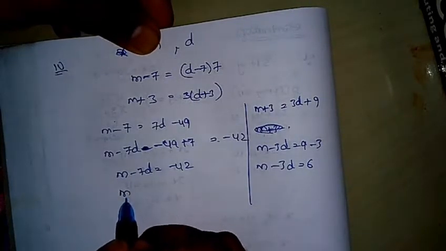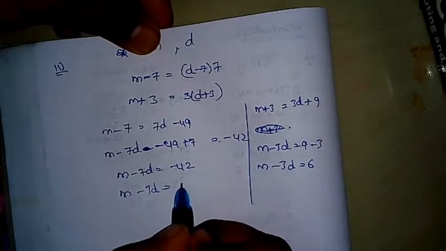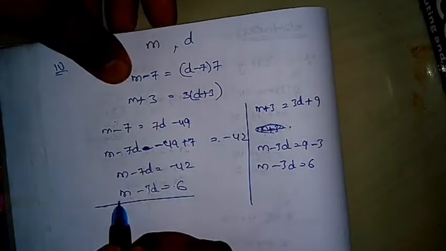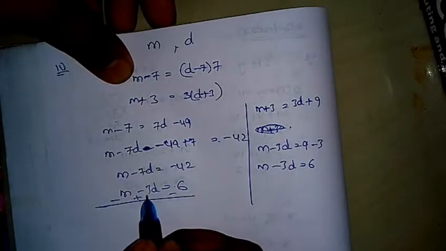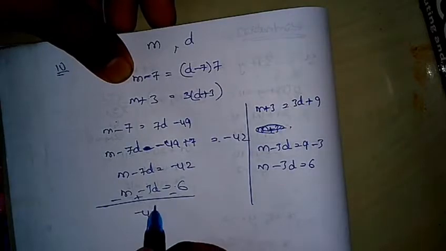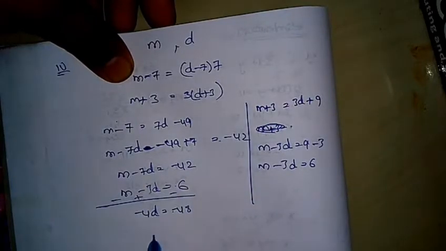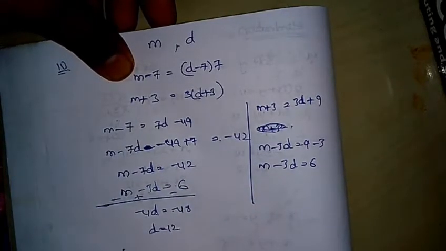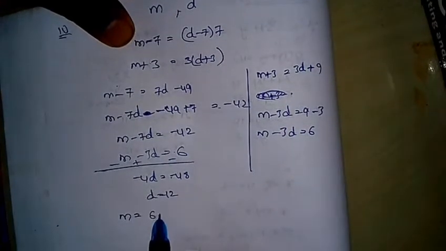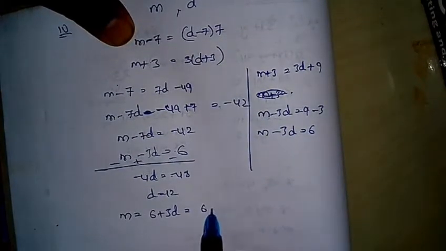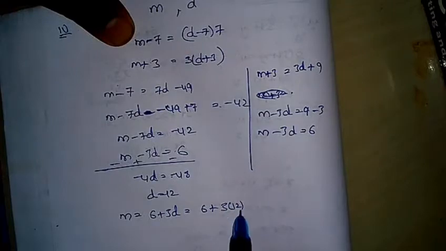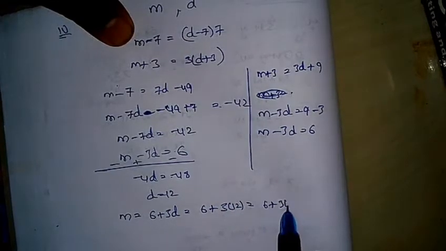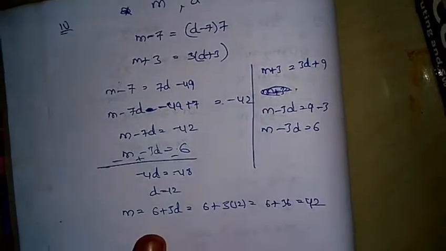Now subtracting this equation, we get minus 4D is equal to minus 48. So D will be equal to 12. M will be equal to 6 plus 3D, which is 6 plus 3 into 12, 6 plus 36 is equal to 42. So this is the answer.